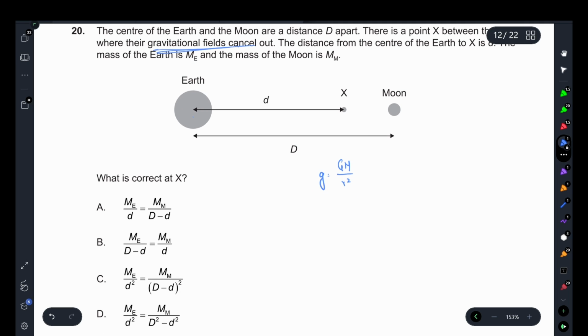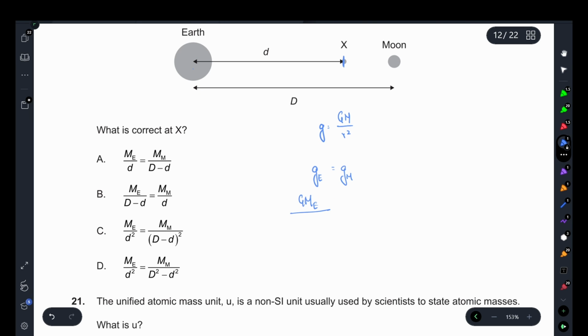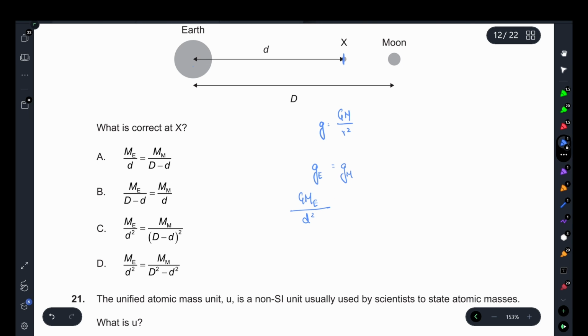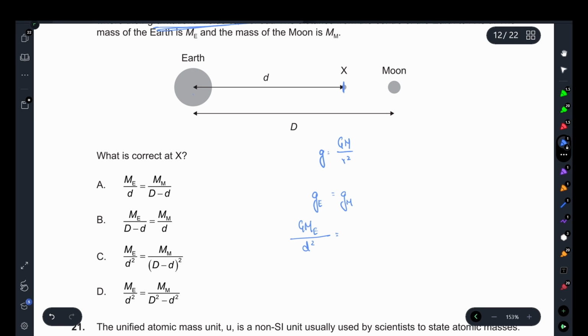Now, let's look at what happens at point X. g Earth is equal to GM, which is GM Earth, by r squared, which is d squared, is equal to g of the moon, which is G M moon by (D minus d) whole squared.